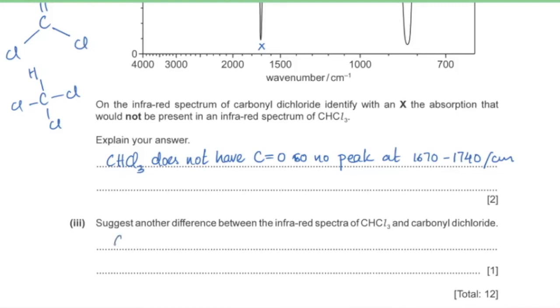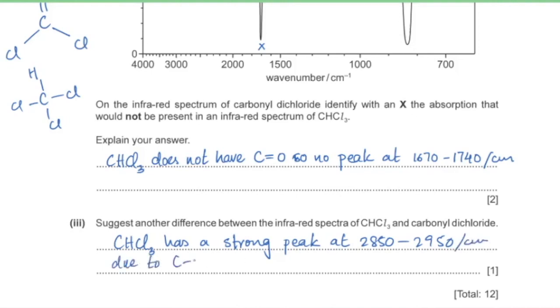So CHCl3 has a strong peak at 2850 to 2950 per centimeters due to alkanes or the C-H single bond, which COCl2 doesn't have.